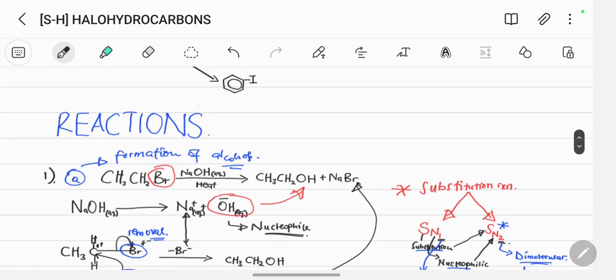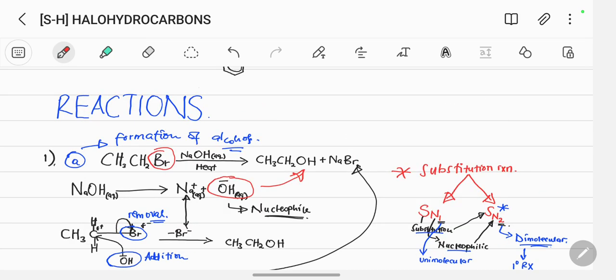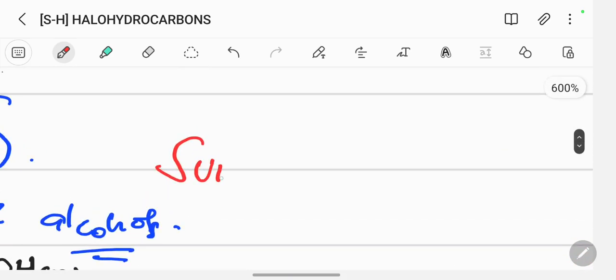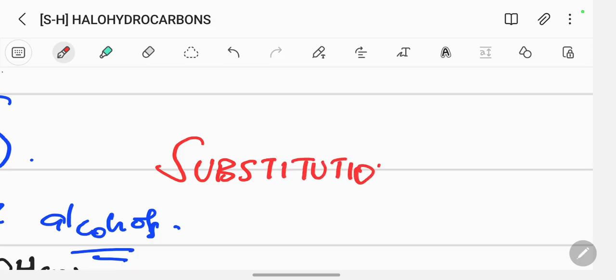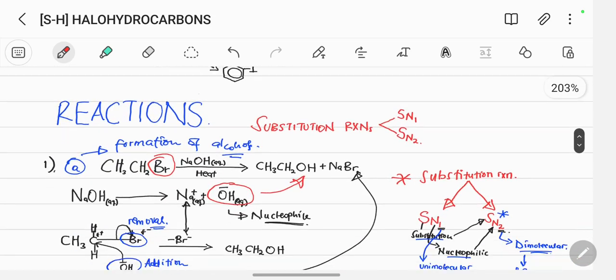Leave alone the preparations, all these ones have been substitution reactions, and we've seen that we have substitution nucleophilic unimolecular and substitution nucleophilic bimolecular. Go and do research about those terminologies there.